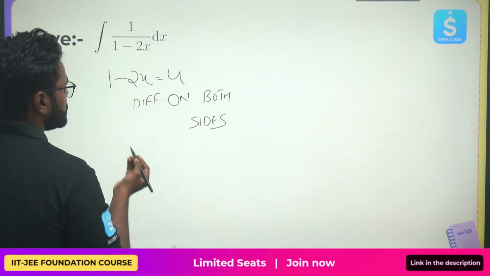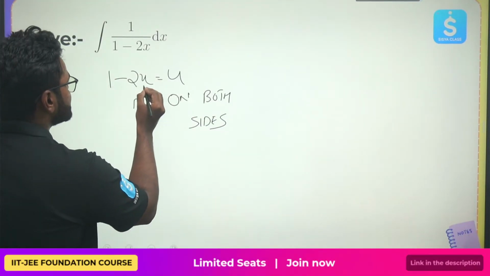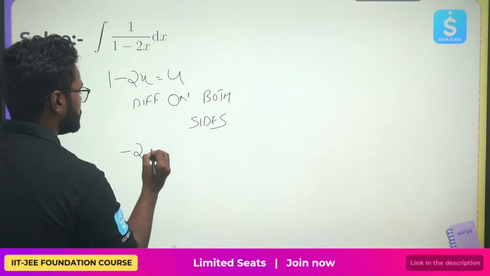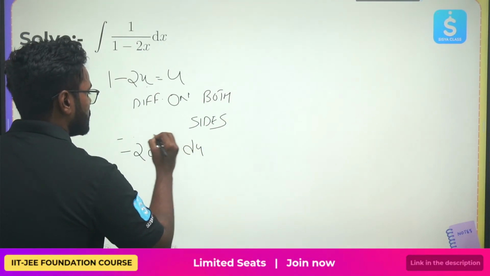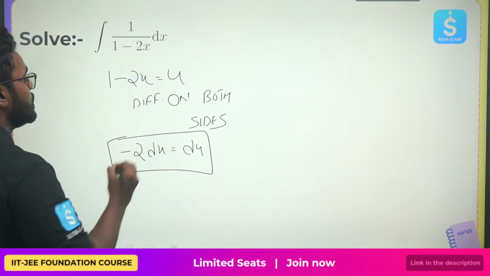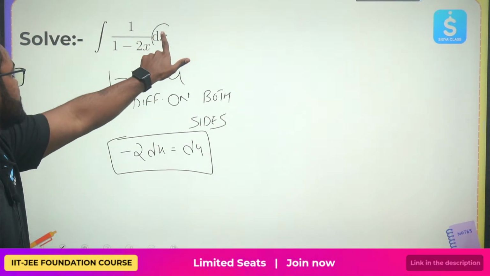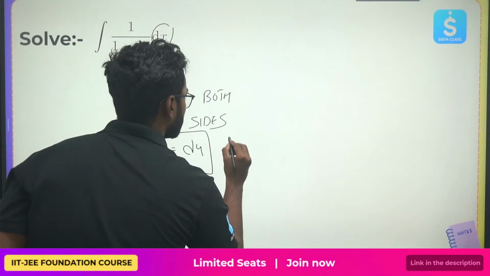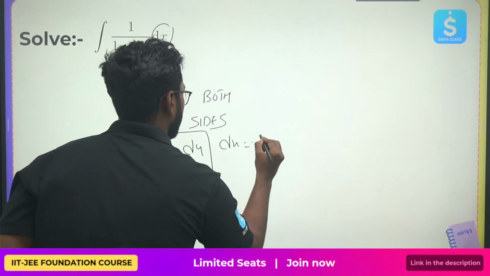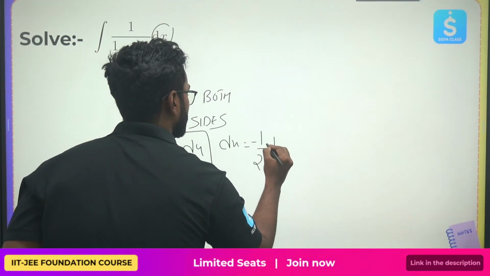Derivative of 1 would be 0, derivative of x would be 1, so it would be minus 2 dx equals du. Okay, but we have dx in the question, so let us just get dx. So dx would be minus 1 by 2 du.